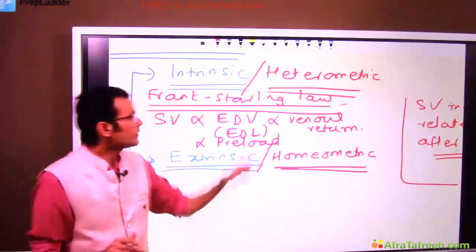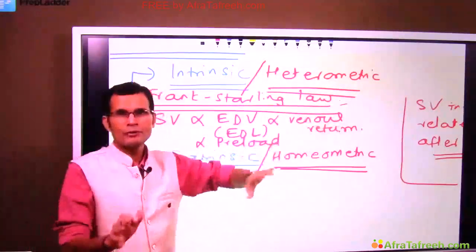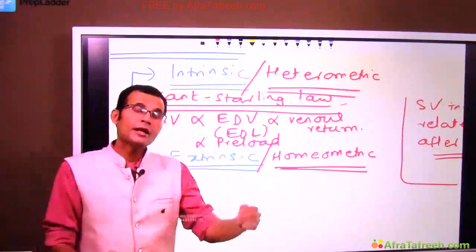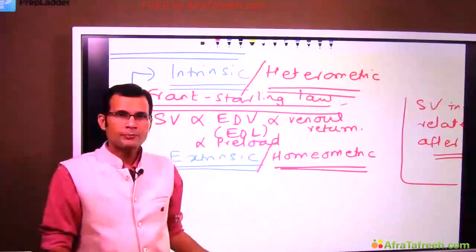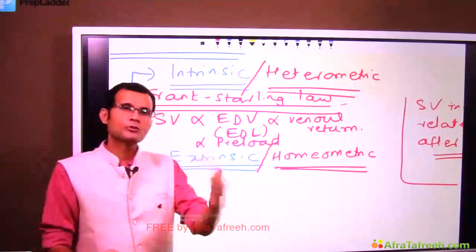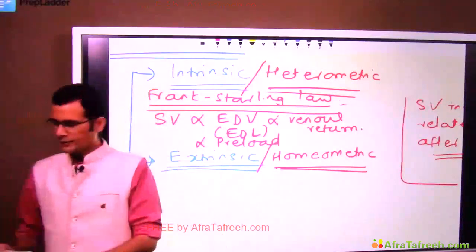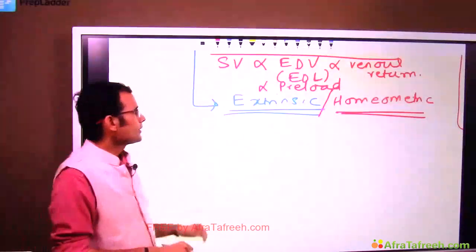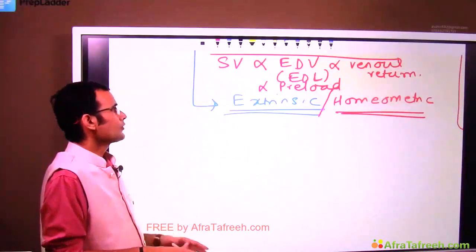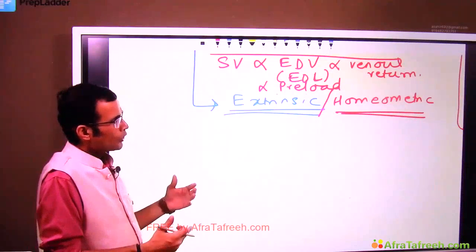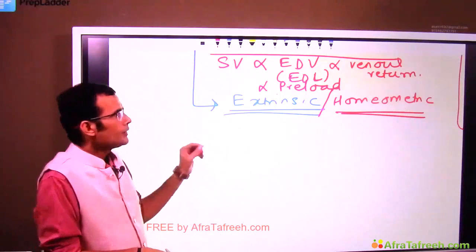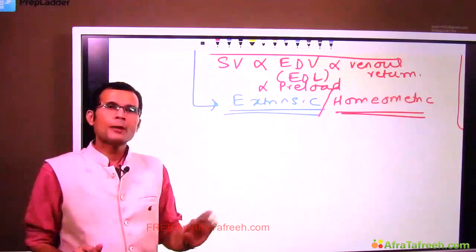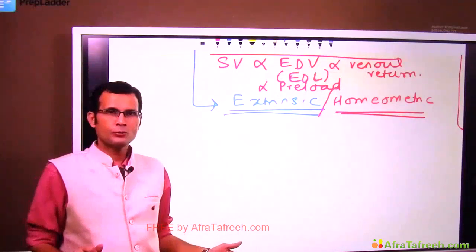So the heterometric regulation, which we are trying to explain here, is that by increasing the end diastolic length, the next systole will become stronger. That's the first factor. The second one is extrinsic or homeometric. Here it will not be by changing the ventricular fiber length by the end of the diastole.